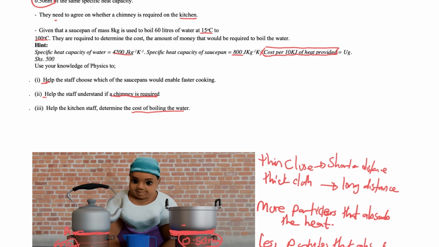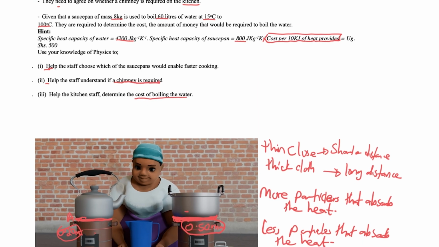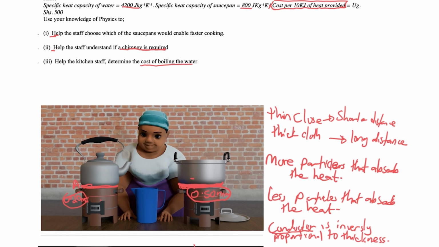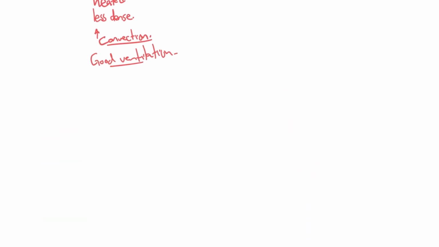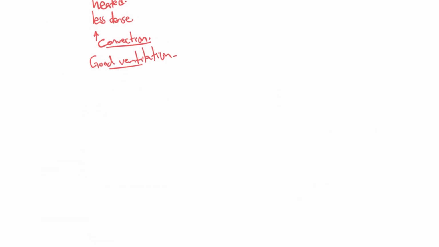But remember, these were 60 liters of water, and this saucepan was of 80 kilograms. It was a very, very heavy saucepan. So what we need to know is the formula of heat.